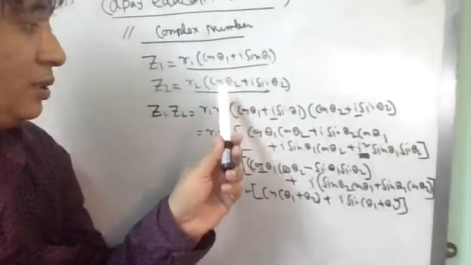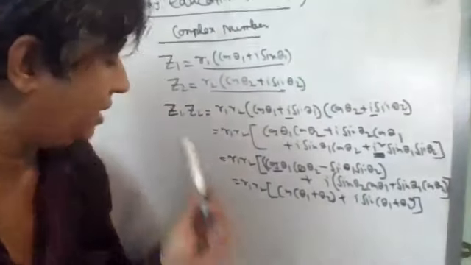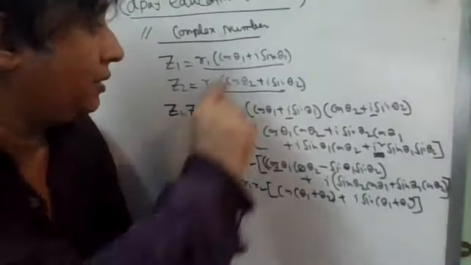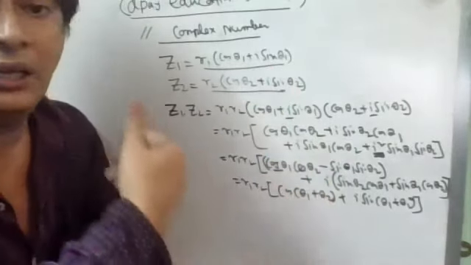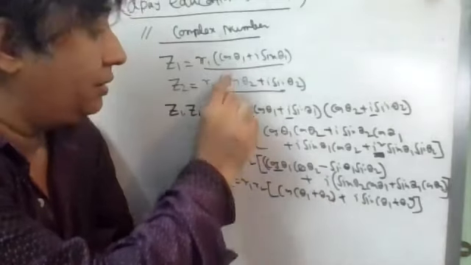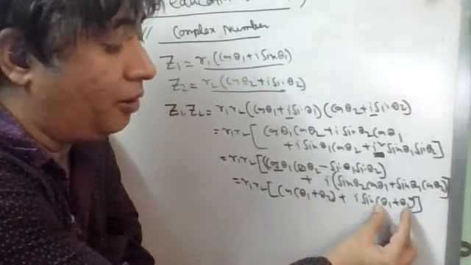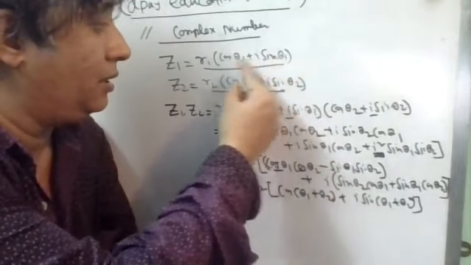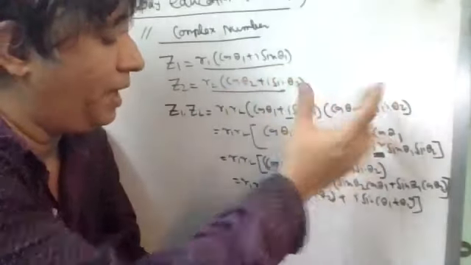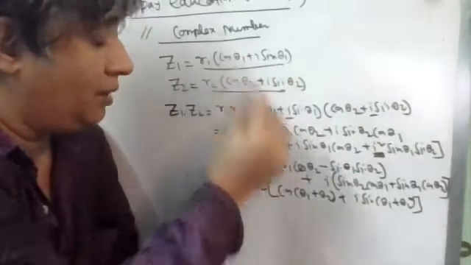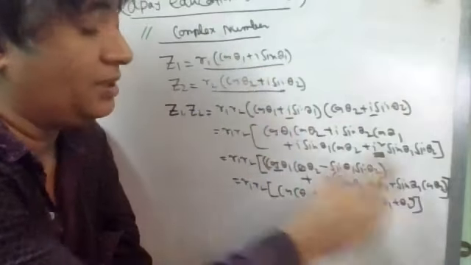Z1 and Z2 are 2 points in polar form, and once I multiply, the angles θ1 and θ2 in the result have come in additive form. The product of the two has the additive form of the angles.